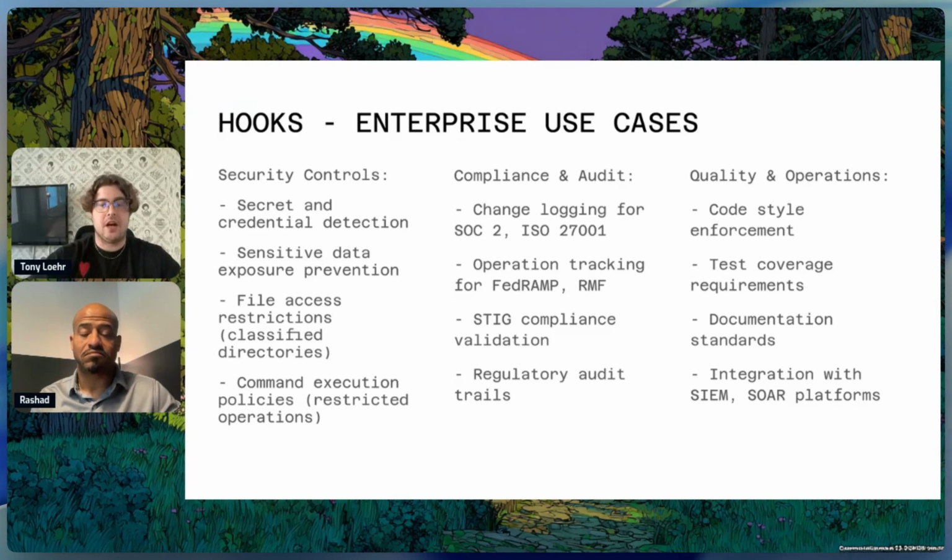For quality and operations, we can enforce code standards, we can require test coverage thresholds, we can mandate documentation updates, and we can even integrate with your existing SIEM or SOAR platforms. The key insight is that hooks run automatically with no developer friction, and these aren't suggestions, they are policy enforcement. And because they can call external systems, they integrate with your existing security infrastructure.